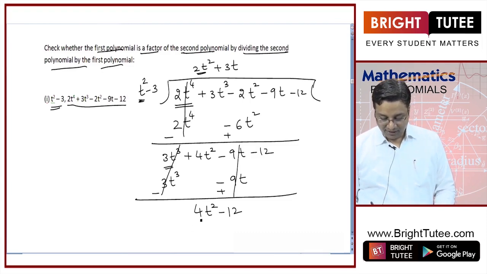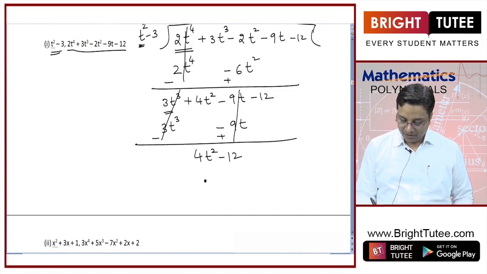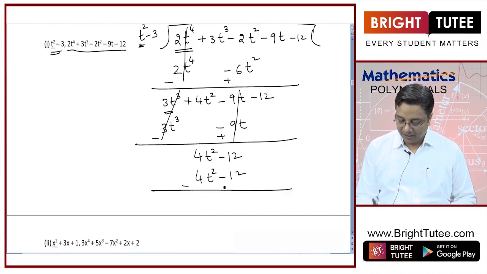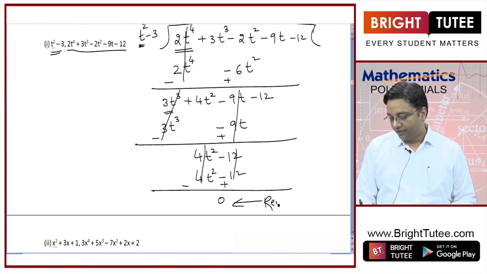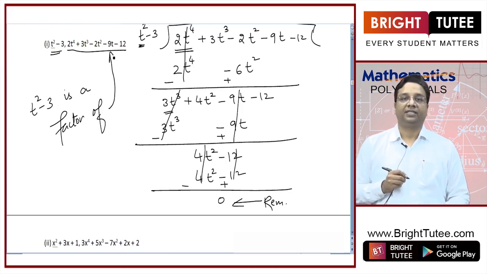Now you can easily see that if I multiply it by 4, it will give me 4t square minus 12, right? And the remainder is 0 here. Remainder is 0. Hence I can say t square minus 3 is a factor of this polynomial, right?